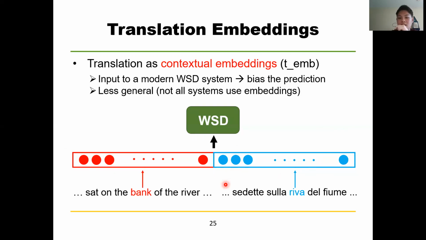And we concatenate those two embeddings to form a new input embedding and feed it to the WSD system and run it as usual. However, this method is less general compared to those post-processing constraints because not all systems are using word embeddings. So we test this method in a part of our experiments only.